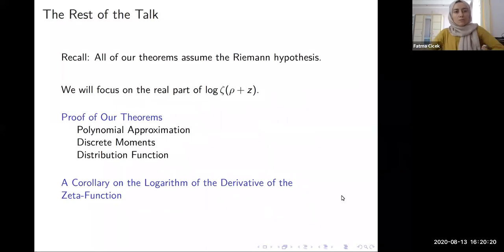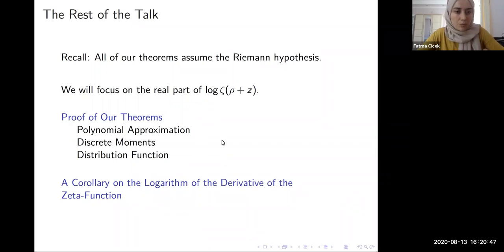For the rest of the talk, since I stated the theorems already, I want to speak of some ideas that go into the proof of those results. I want to focus on the real part of the logarithm, just because it's the harder one, and the imaginary part has a similar proof. The proof will have these steps.